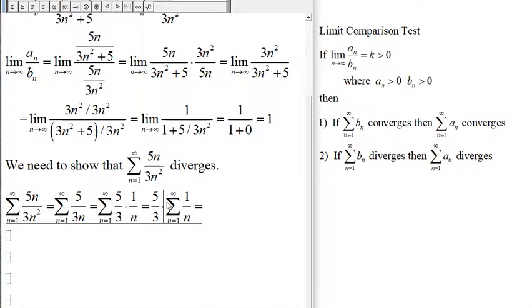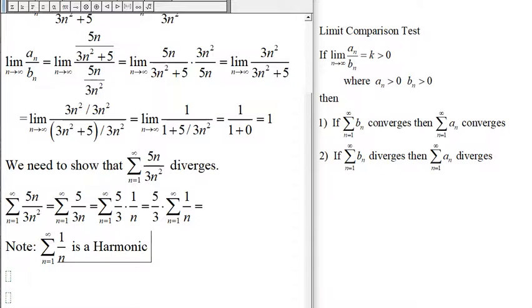And then notice right here, this is a harmonic series, or P series with P equal to 1 is a harmonic series. And we know that the harmonic series diverges.